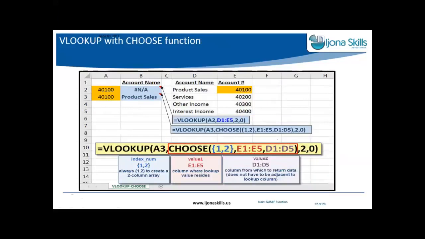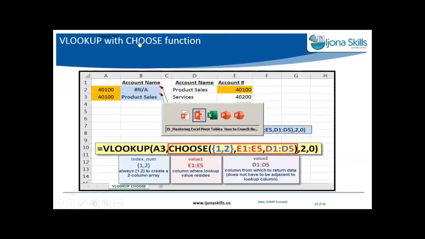So if I were trying to look up the account number from column E, with VLOOKUP, I can't return a value from column D because the data is in the wrong order. I have to typically pick it up and flip it around. Conversely, though, I can use the choose function to virtualize the data and flip it in a different order there. So I'll show you briefly what that looks like.